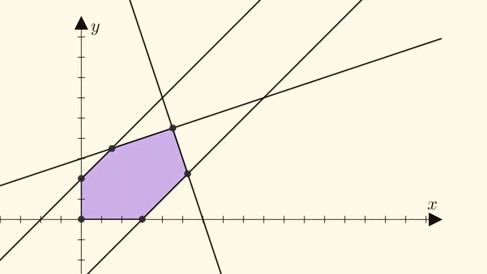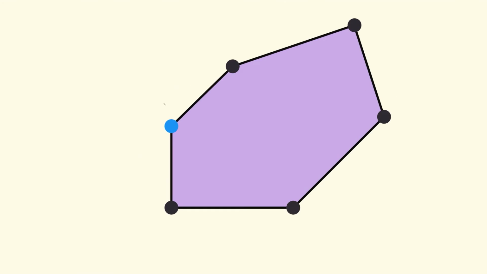Here's how. To do this, we start from a random corner point and move along the edges of the feasible area, jumping from one corner point to a neighboring one such that the value of the objective function always improves. That is, it increases for a maximization problem and decreases for minimization. And if we are ever at a point where the objective function improves along multiple edges, we choose the one with the greatest improvement. Ties are broken arbitrarily.